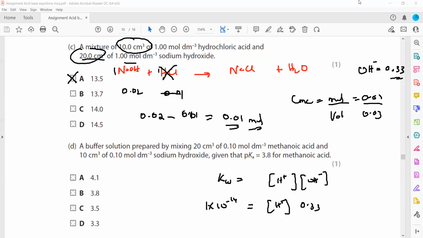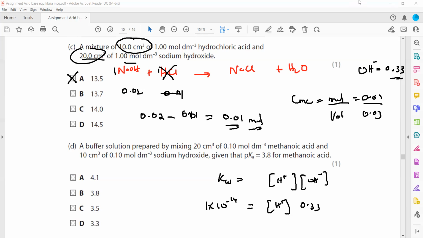So what we did, we worked out how many moles of sodium hydroxide are left after reacting. Then we worked out the new concentration as the total volume has changed. The moles are changing as well as the volume. First it was 20 and then 10 cm cube of hydrochloric acid was added, which makes it 30 cm cube.